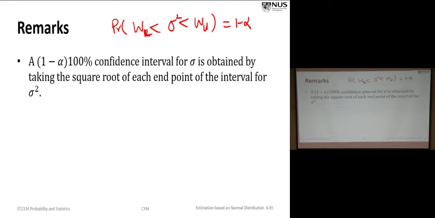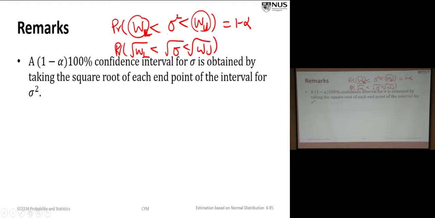What I mean is that if we have two random variables, or this random interval, covering sigma square with probability 1 minus alpha, then if I take the square root of all this, what is the probability? Is it the same event as this one? It's the same. You just take the square root.